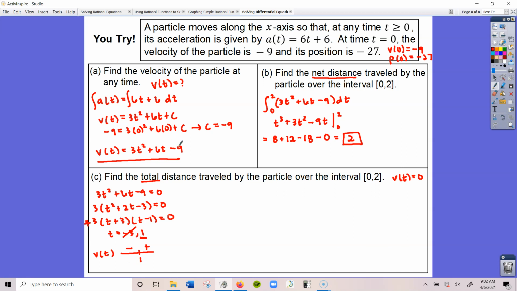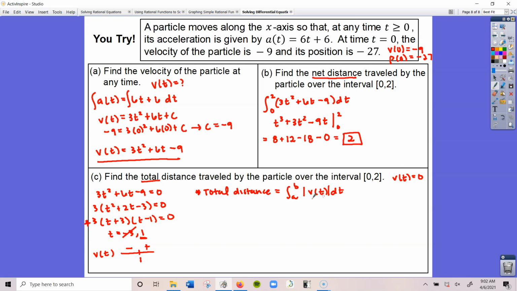So I want to get the total distance, which, as a reminder, is when you integrate from a to b the absolute value of v of t dt.